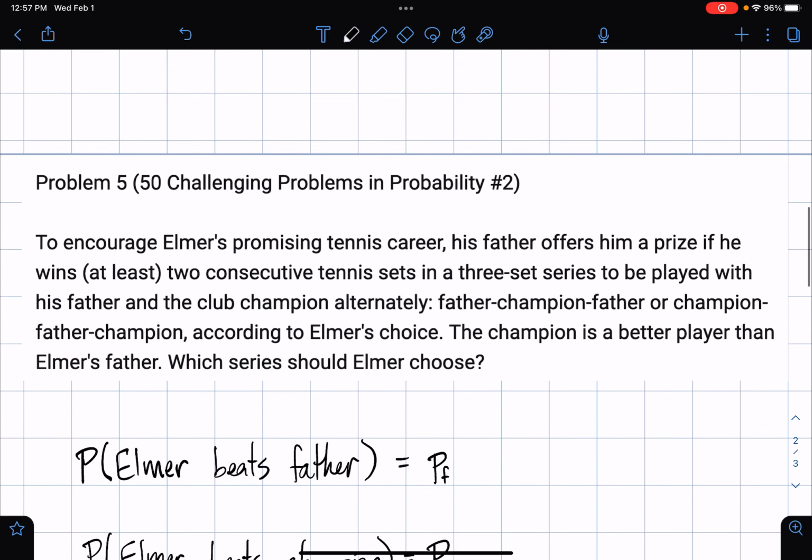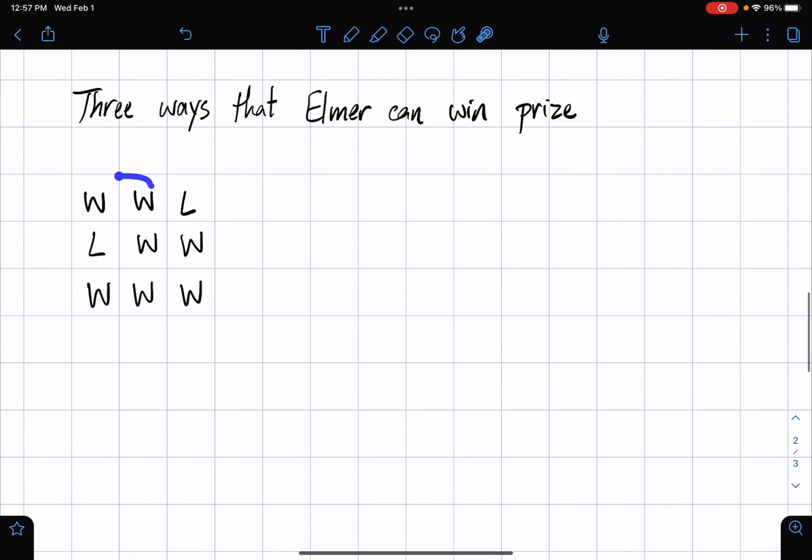Okay, and why is this? This is because Elmer needs to win 2 consecutive tennis sets. So these are different ways that you could win 2 consecutive tennis sets.